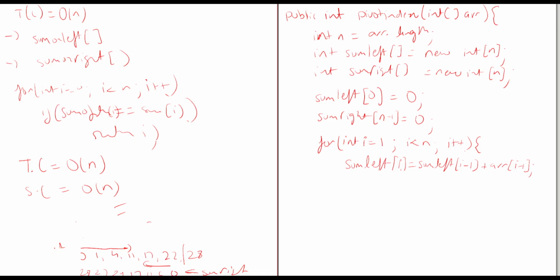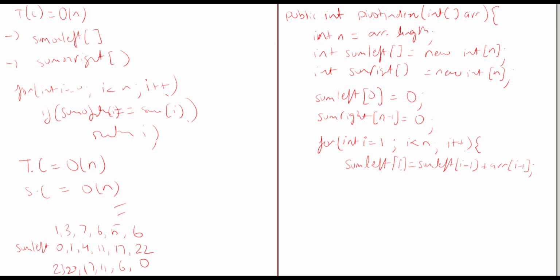Let me do this again. हमारा एरे है 1 7 3 6 5 6, तो sum left will be 0 1 8 11, 11 plus 6 17, 17 plus 5 22, and sum right 0 6 11 17, 17 plus 3 will be 20, 22.